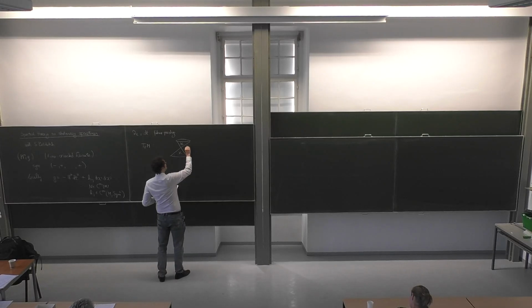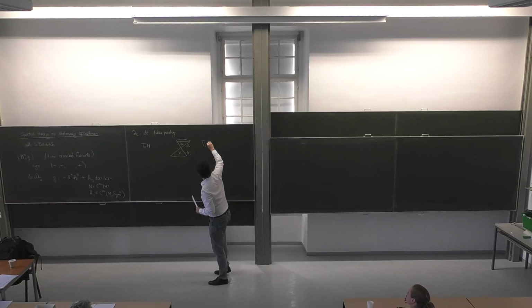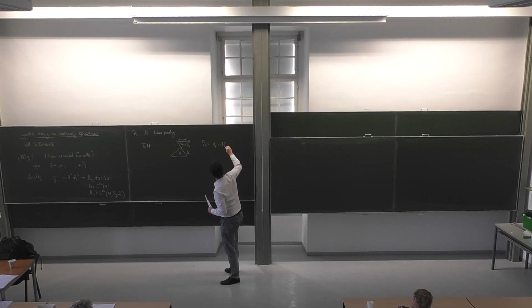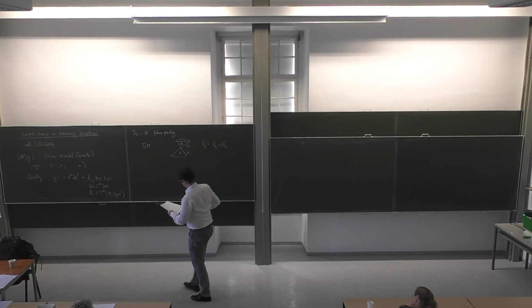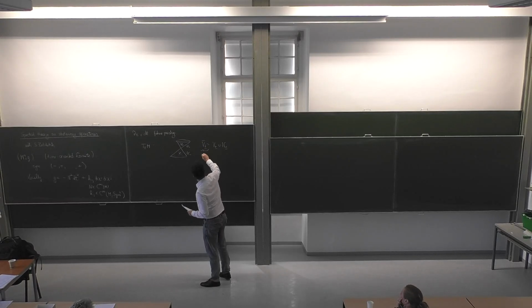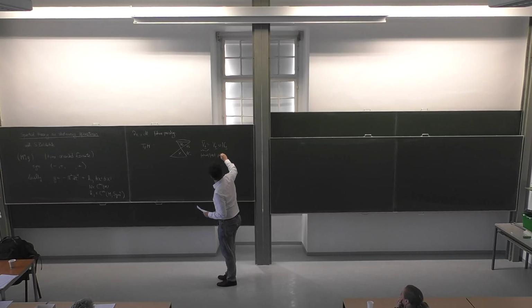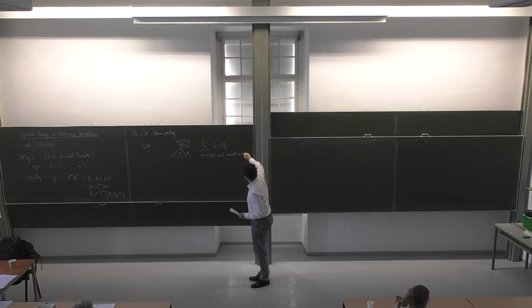Then I have the null directions, N plus and N minus. And I have the closure of the forward light cone, which is the open inside and the null directions together, and the same for the past one. These are called the causal, so future and past pointing causal vectors, or covectors.